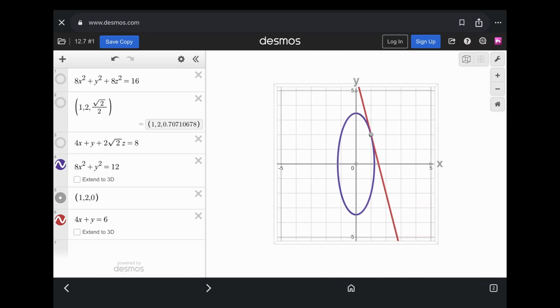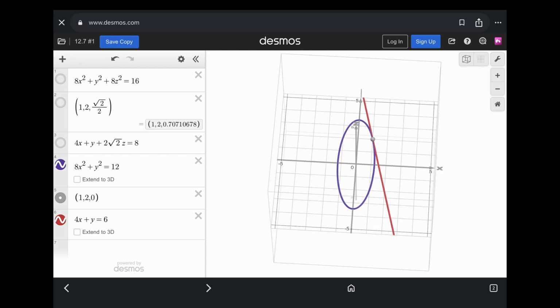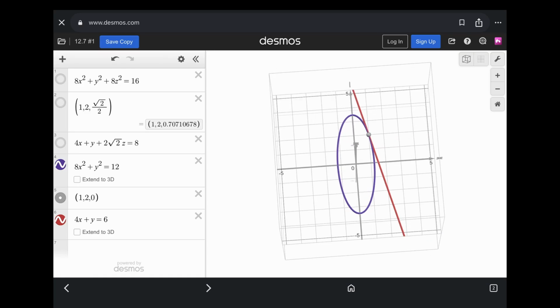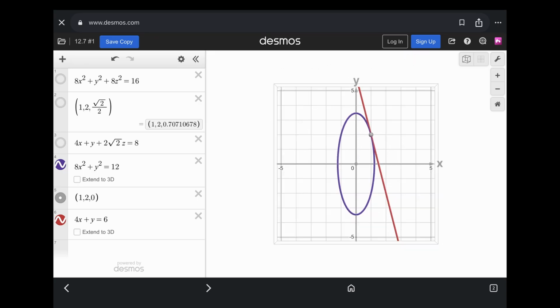And that's very useful for us to tell, because now we know at 1, 2, 0 that it's tangent here. And this is the way we would reduce the dimensions for this curve.